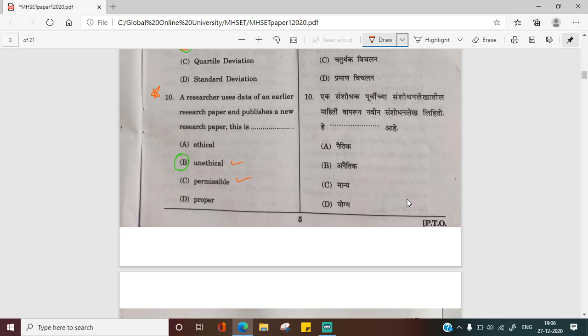It could be permissible if the researcher had put reference of the research paper or the data that he is using, but here they have written nothing like that, so we are going to mark the answer as B. But this is something you can put objection on this question, so they should have actually clarified here.